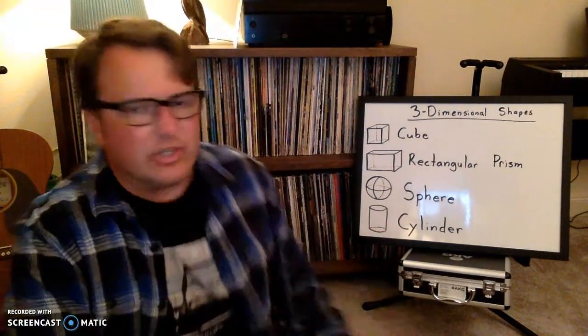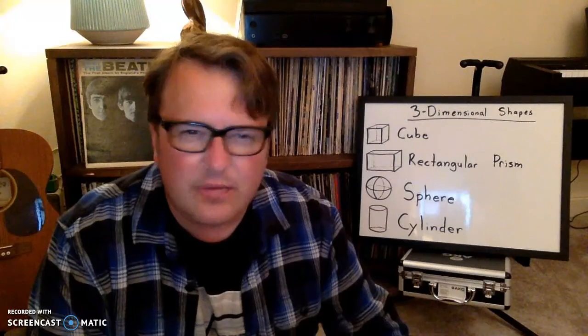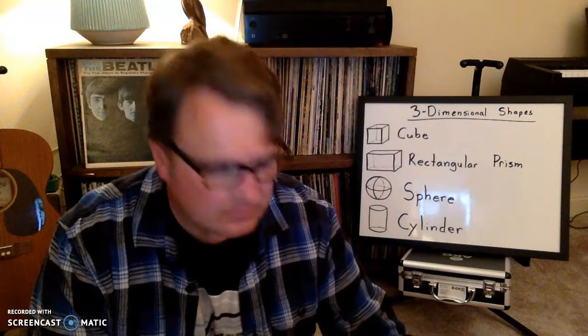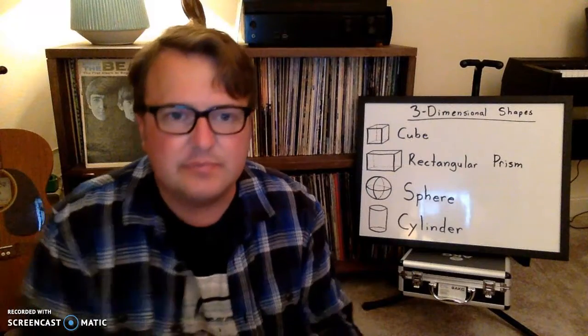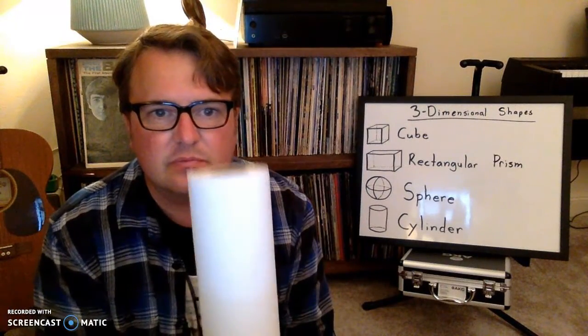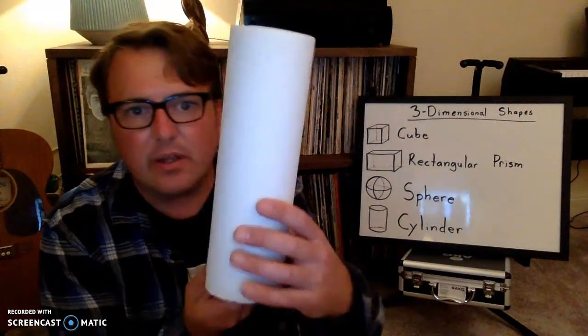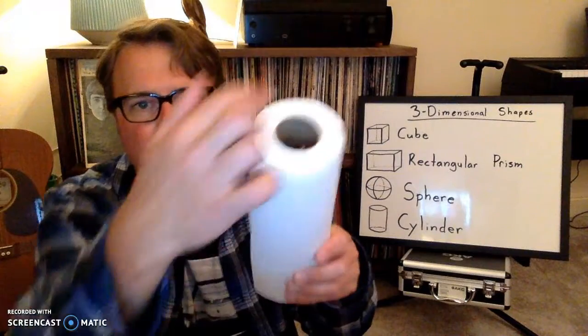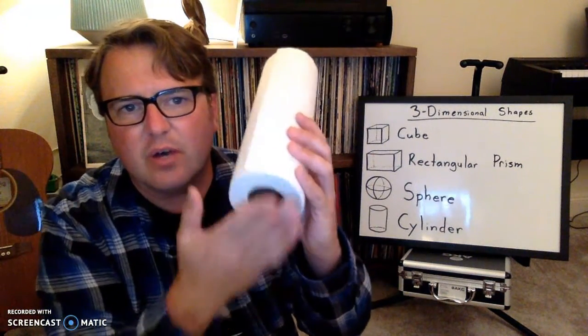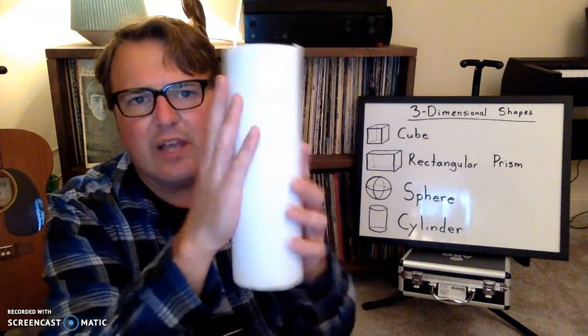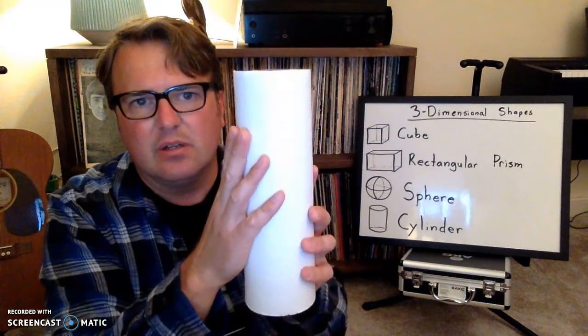Last one is cylinder. I found a few of these around the house. This one is all wrapped up. Ooh, look at that. It's got a circle face on the top, circular face on the bottom, and one flat face around it. How many faces?